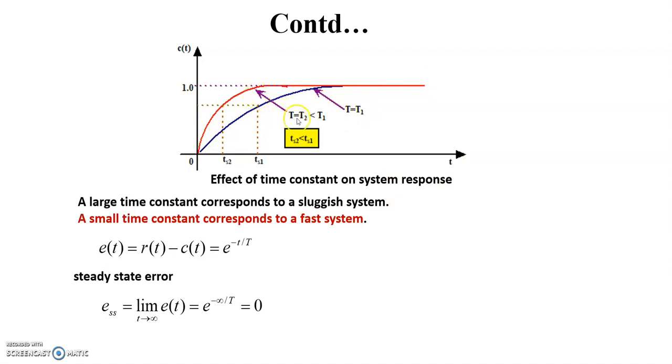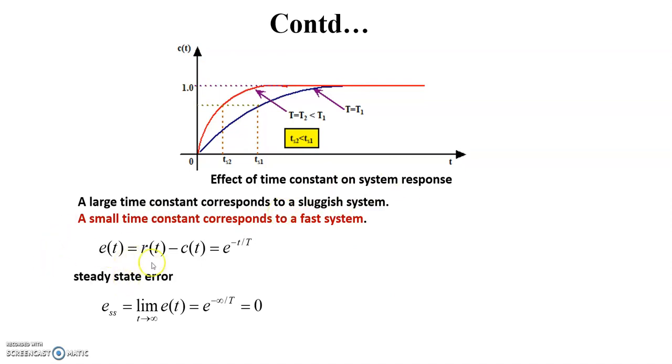This one is tau equal to tau 2, which is less than tau 1. So the relationship between TS2 and TS1 is that TS2 is less than TS1. According to that, a large time constant corresponds to a sluggish system, and a small time constant corresponds to a fast system.